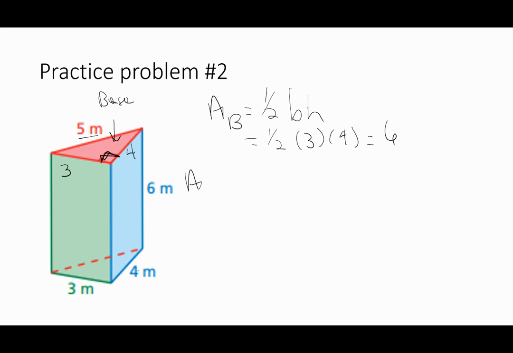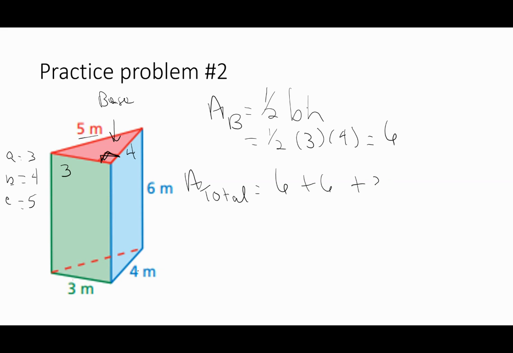So the total area is the area of one base plus the area of the other base plus the sides. Now the sides are A is 3, B is 4, and C is 5.